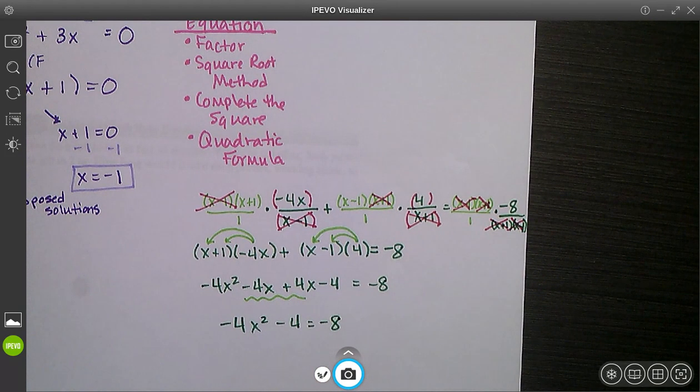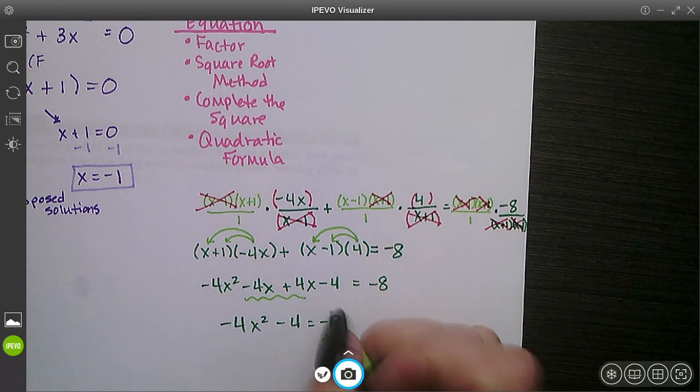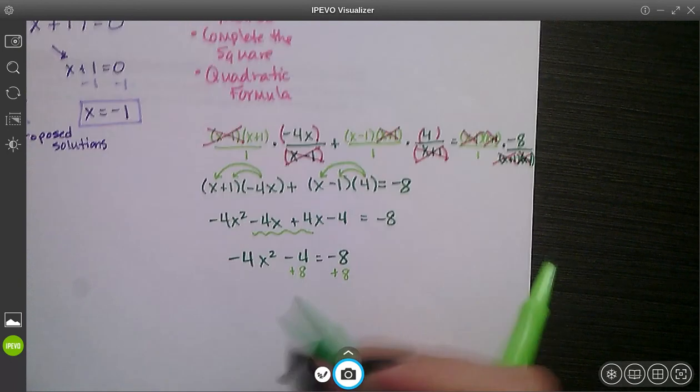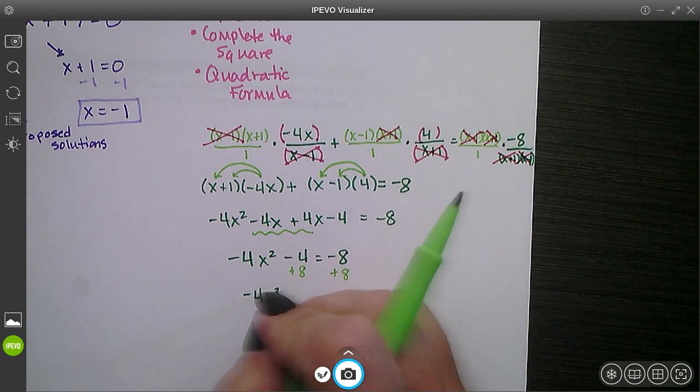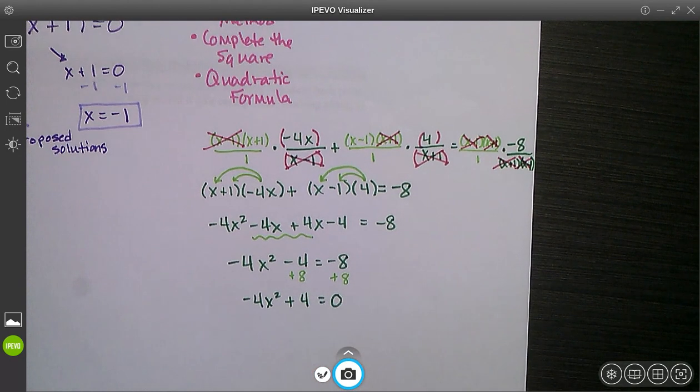Now this would be a good one to solve by the square root method, because in the square root method, you have to just have a squared term and a plain number term. But I could also solve it by factoring or quadratic formula. If I add this 8 over to the left side, I get negative 4x squared plus 4 equals 0.